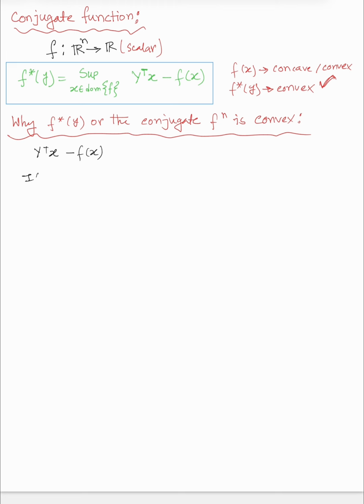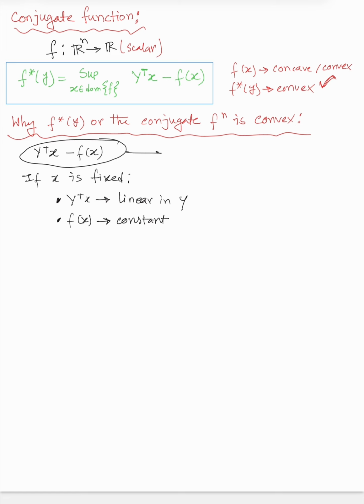So if x is fixed, then the first portion, y transpose x, is linear in y, and f of x is nothing but a constant because x is fixed. So that means this thing is going to be affine.